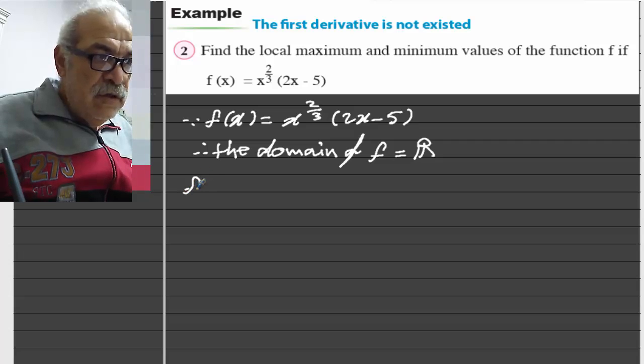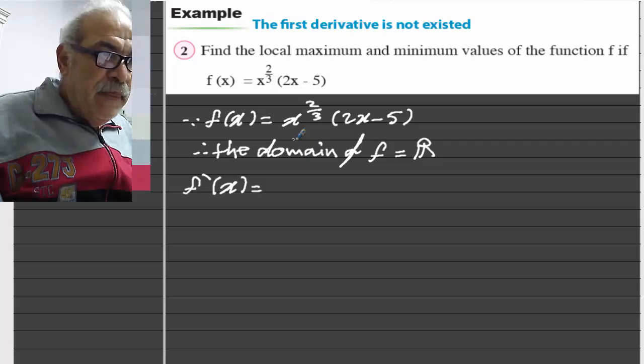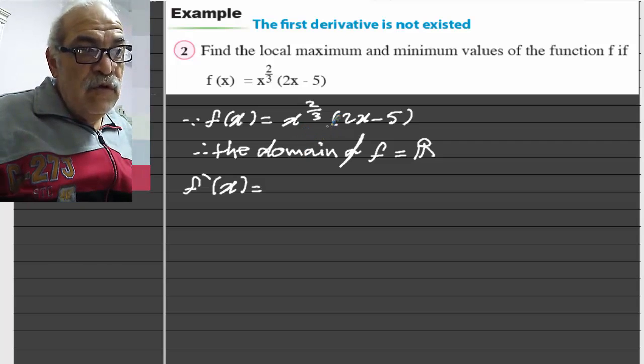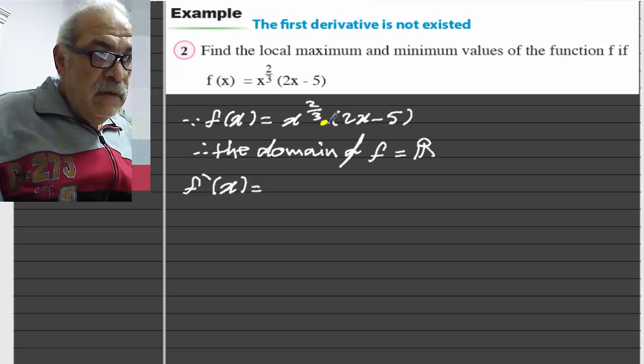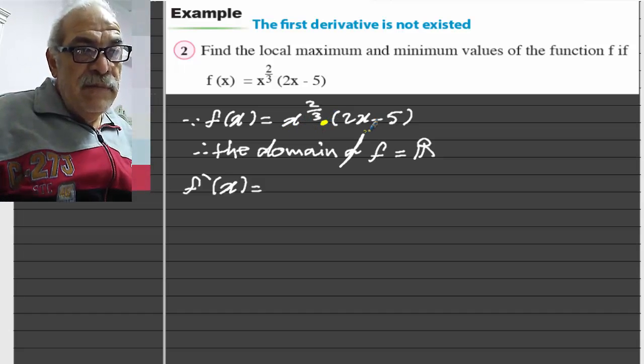F dash of x equals, here we have the product of two functions, x power 2 over 3 multiply 2x minus 5.